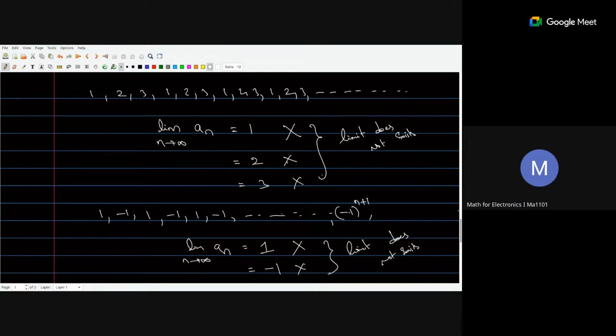The third case is where the limit is not approaching a unique real value but can approach multiple real values, like these cases. Then instead of saying the limit can go to 1 or 2 or 3, I simply say the limit does not exist, and these sequences are called oscillating sequences.